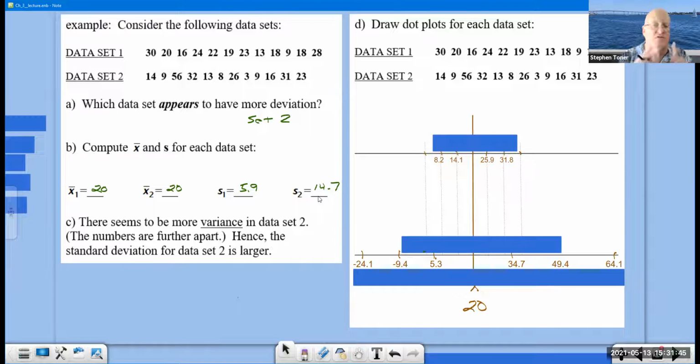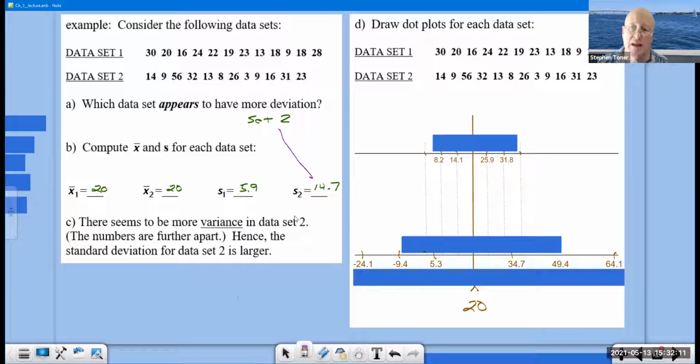And this time I've just rounded to 1 decimal place. I know normally I would go 4 places out, but I'm about to do something where I don't want that level of accuracy. But we had said that the second data set appears to be more deviant, having a larger deviation, and that actually is the case when you compare these values of S.